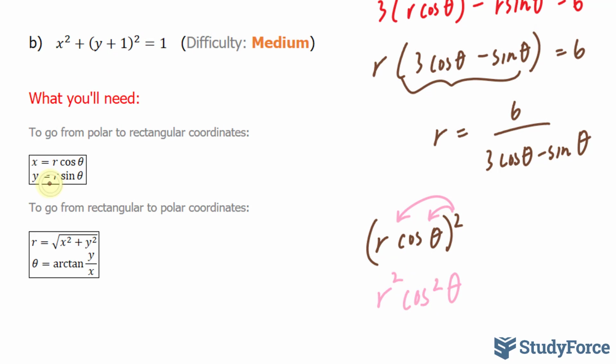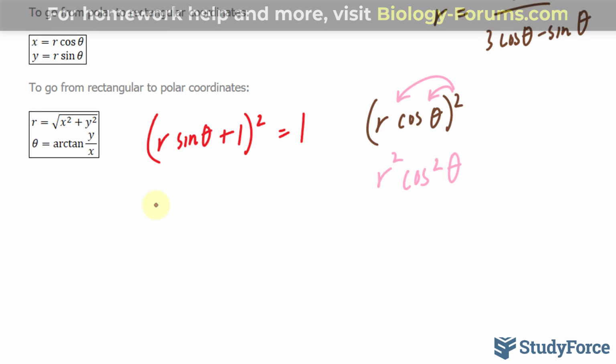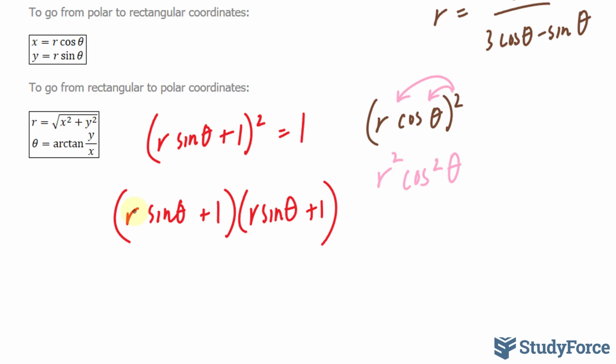Furthermore, I'll replace this y with r sine theta. We have r sine theta plus 1, and that's being raised to the power of 2. So picture this right here plus the following. The next thing that I want to do is expand this expression. And we can expand it by using the FOIL method. We have r sine theta plus 1, r sine theta plus 1.